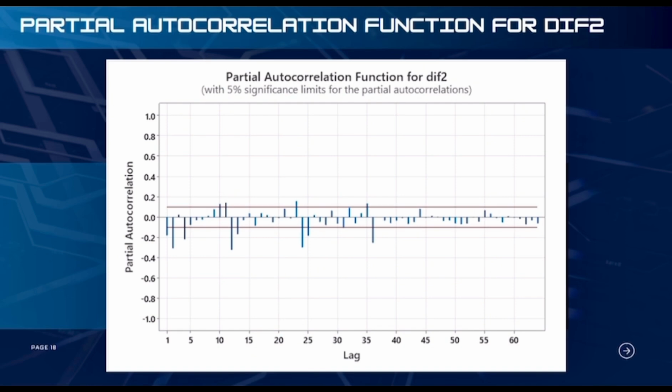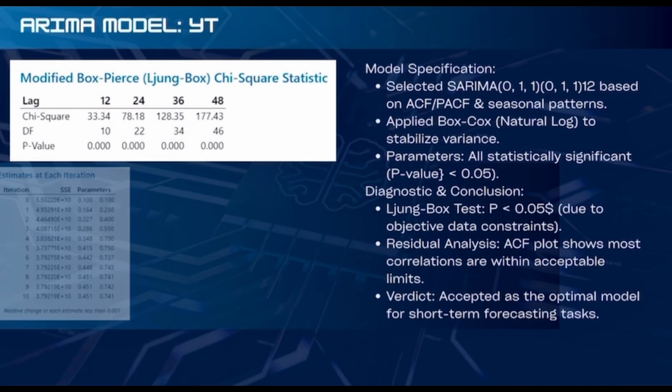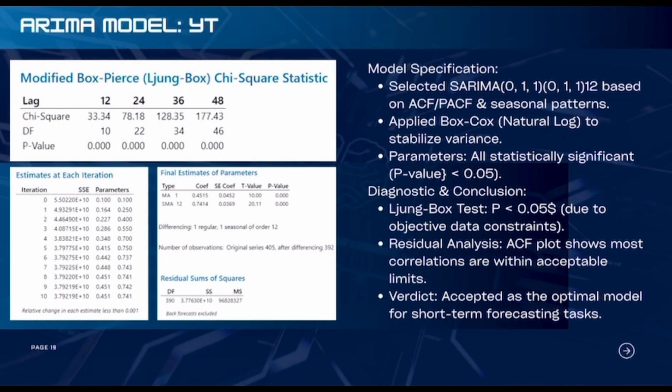We also see a significant spike at lag 1 and lag 12, but the other lags die off slowly. This behavior is consistent with an MA type model, so after analyzing ACF and PACF, we select the seasonal ARIMA 0,1,1 0,1,1,12 model. And here's our result after using this model.